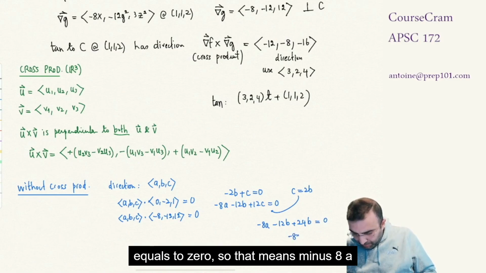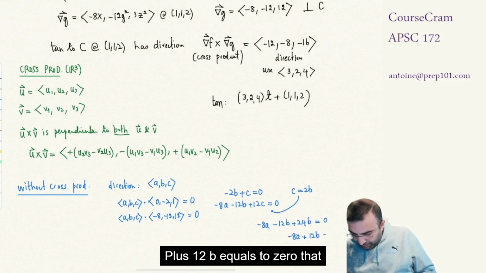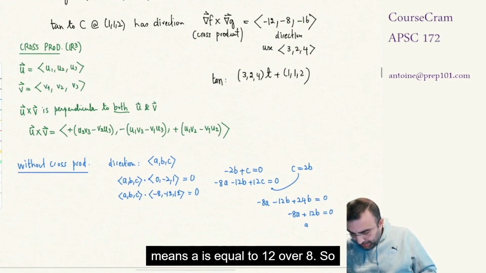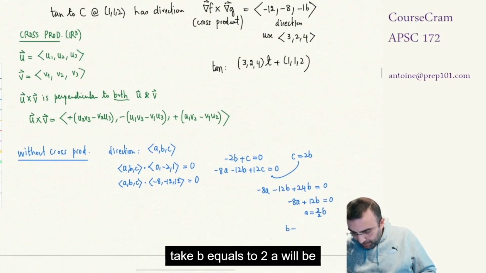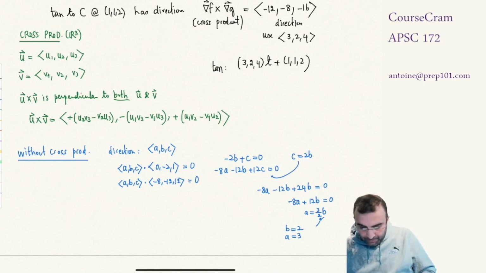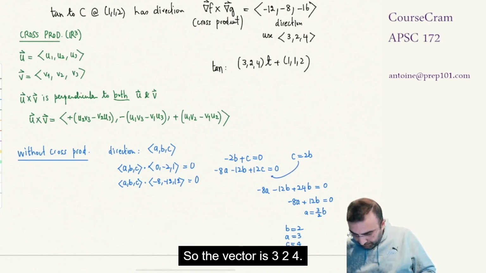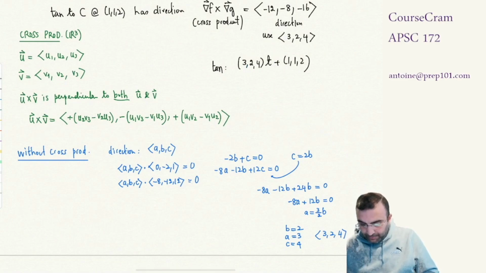So that means minus 8a plus 12b equals 0. That means a is equal to 12 over 8, so 3 over 2 b. So if you take b equals 2, a will be 3, and then c will be 4. So the vector is 3, 2, 4. Well, what do you know? That's the same thing.